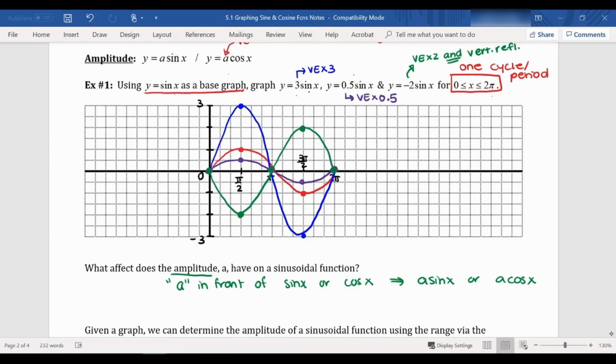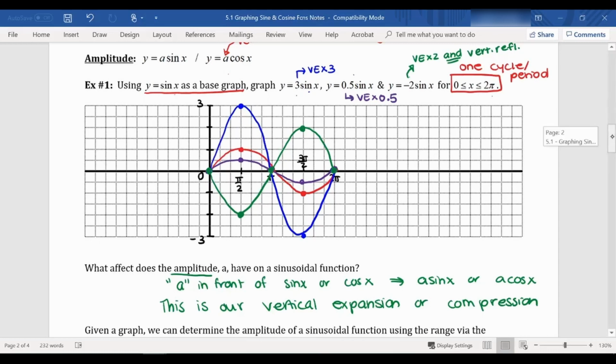And this is our vertical expansion or compression.